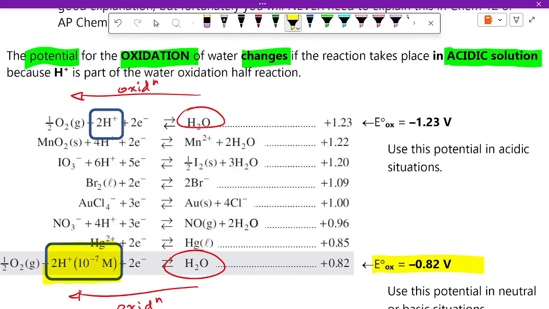Oh no, it's a product. Sorry, H is a product. H isn't a reactant. That's why it's not making sense. H is a product because we're going to the left. I got to point that way because on my screen it's this way, but for you guys it's that way. We're going to the left. Okay, so H is a product. So that would make our Q value larger, which means that we are closer to equilibrium, which means that we're going to be more negative.